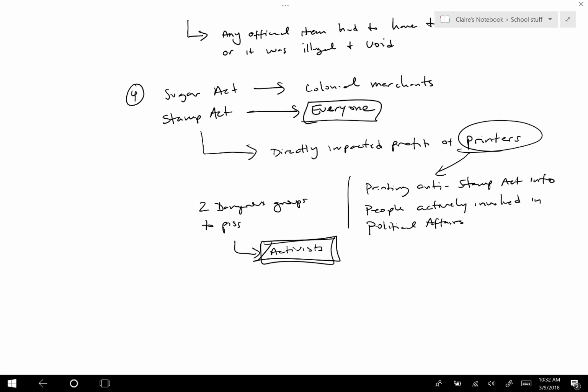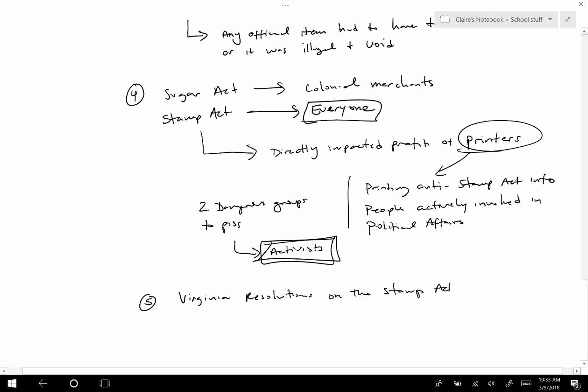So the Stamp Act actually got a lot of not only anger and discussion, but actual protest with the community, which they end up doing in May of 1765 here, right? The Virginia Resolutions on the Stamp Act.